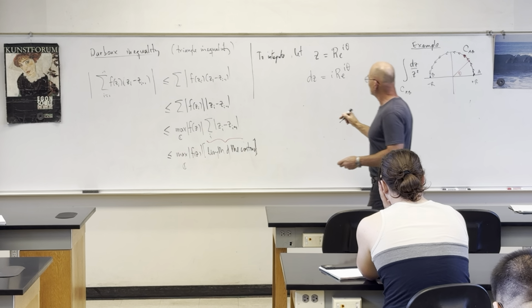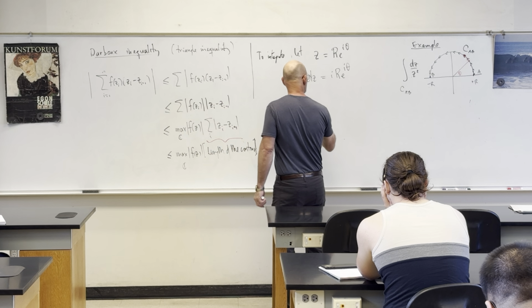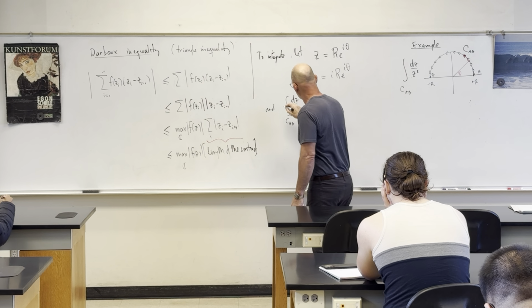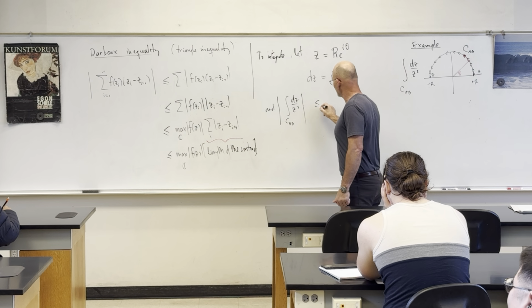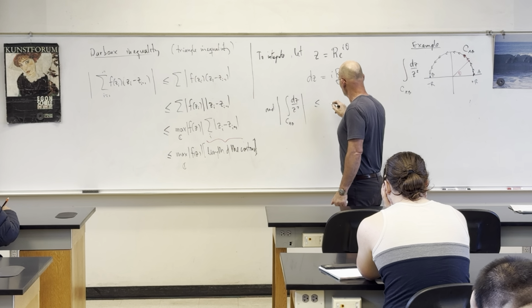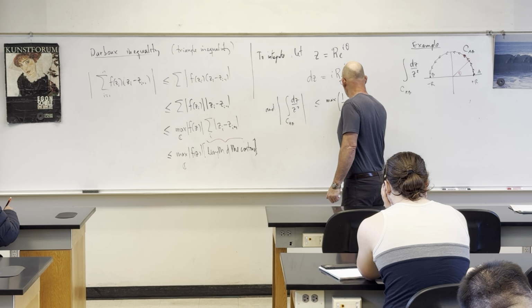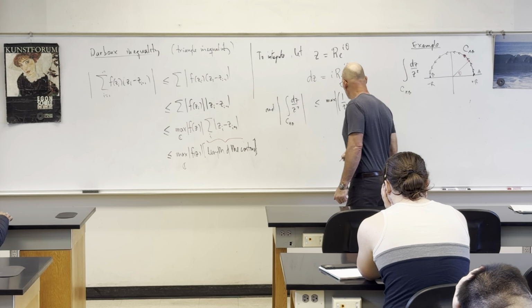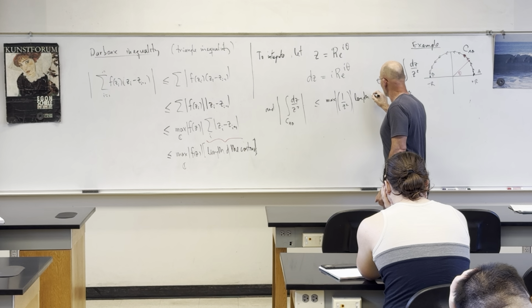So now we have an integral over C sub AB of dz over z squared. It's going to be less than or equal to the maximum of the magnitude of 1 over z squared times the length of the curve, length of C.